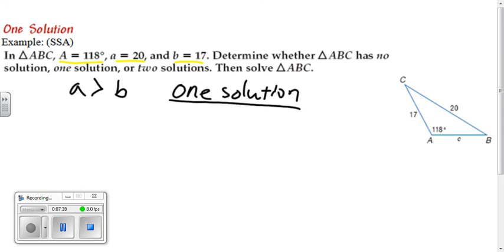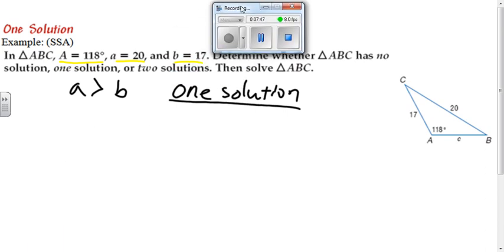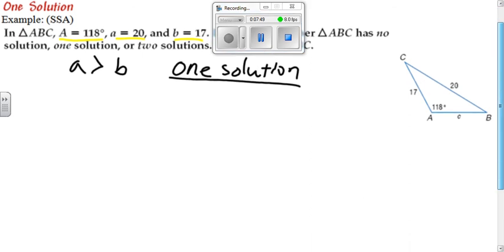Now, how do we determine what that solution is? This is where that law of sines will come into play. Move this out of our way. Give us a little more space to work.